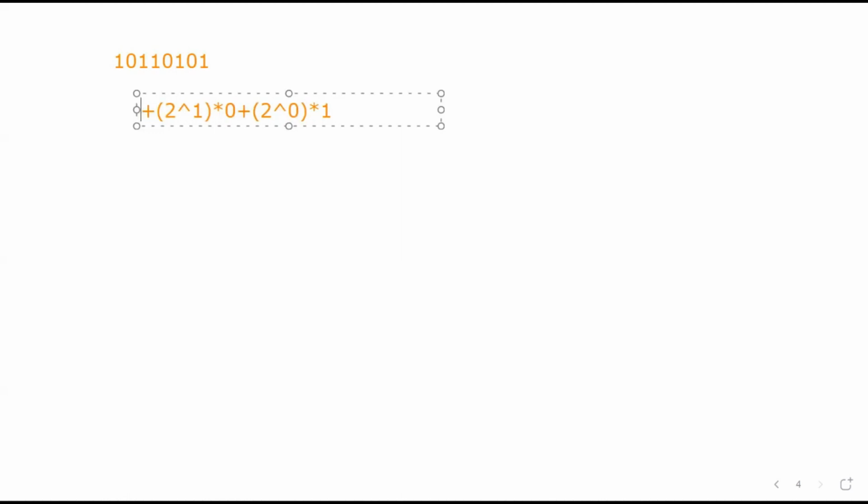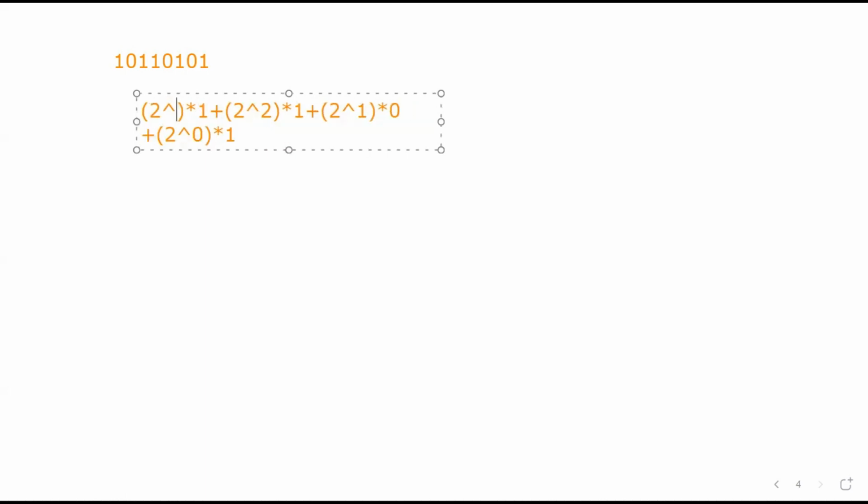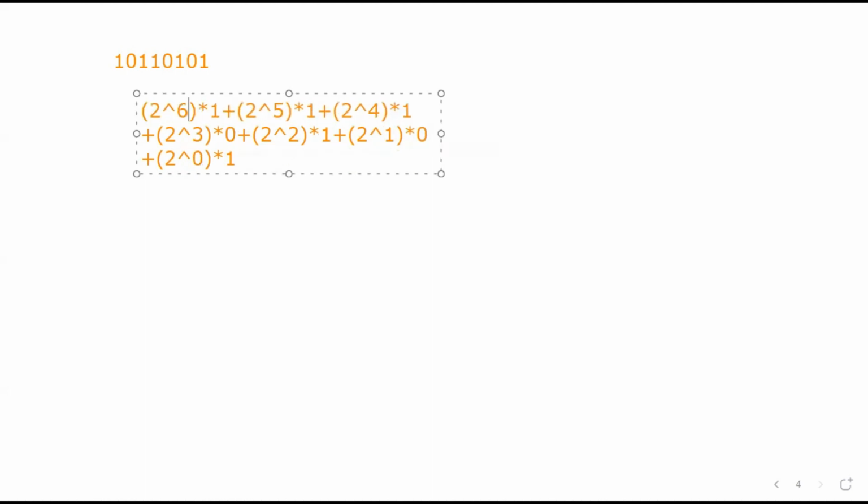Next, 2 to the power 2, then 2 to the power 3, the fourth bit is 0. 2 to the power 4, the fifth bit is 1. 2 to the power 5, the sixth bit is 1. 2 to the power 6, the seventh bit is 0.